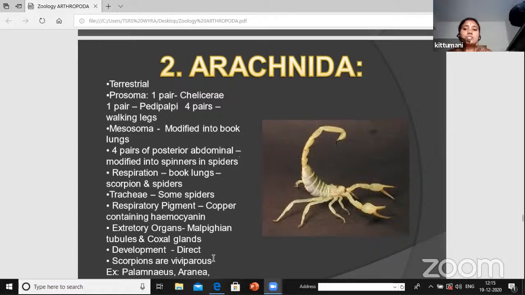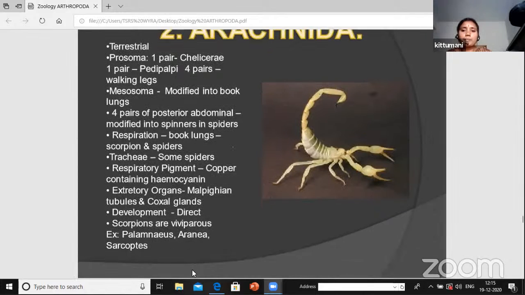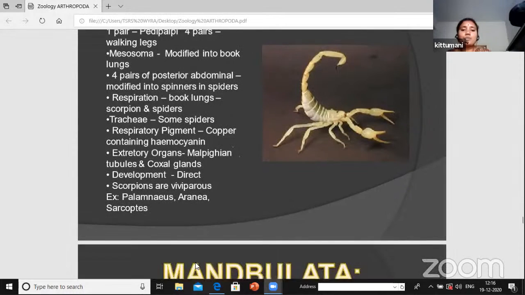Development is direct, meaning they do not show any larval forms. Scorpions are viviparous. We already discussed what viviparous means: they give birth to young ones. The examples are the scorpion and the spider, which belong to the class Arachnida.